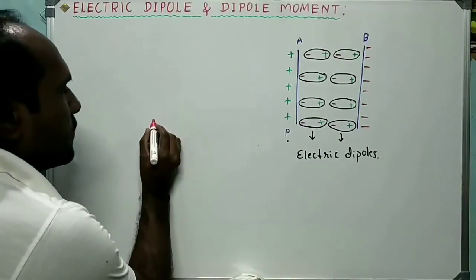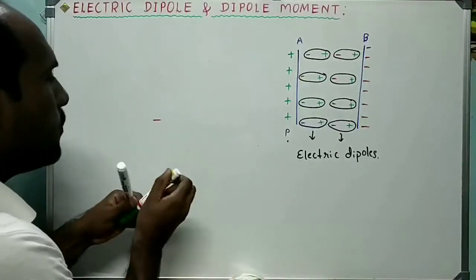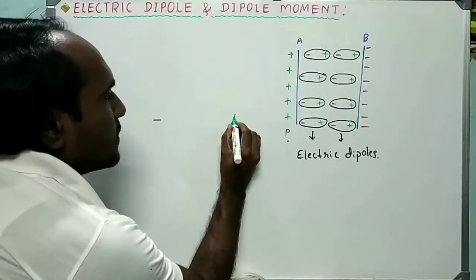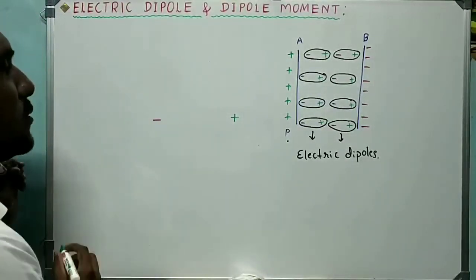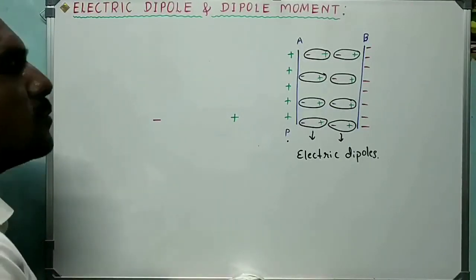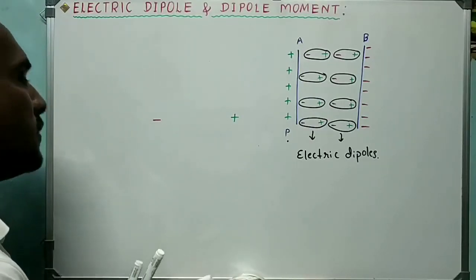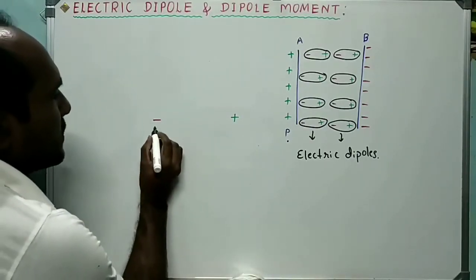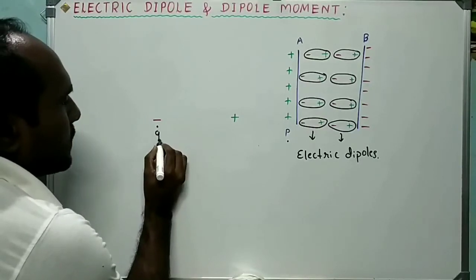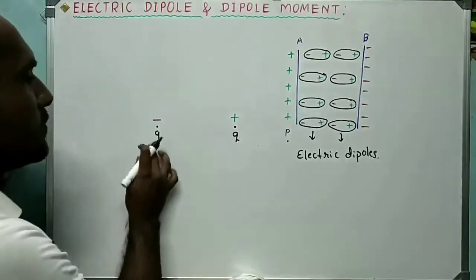In this way, an electric dipole mainly consists of one negative charge and one positive charge. Here negative charge means electron, positive charge means proton. I will consider the magnitude of electron and proton charge as Q and Q. What is the magnitude of this Q?